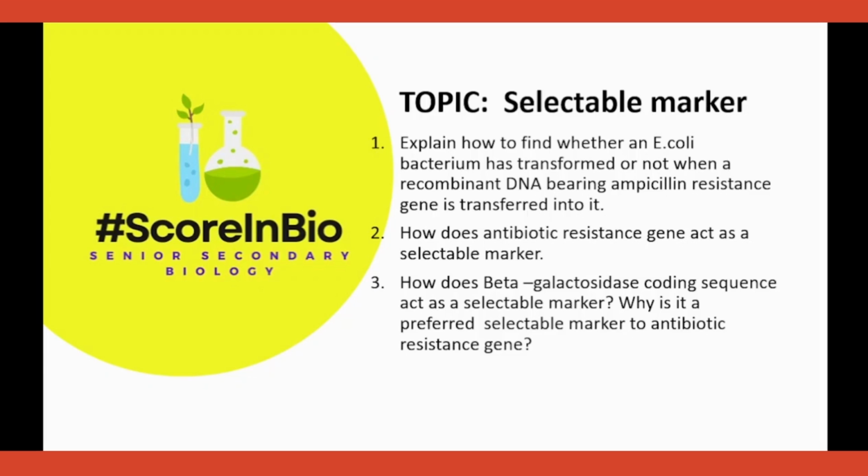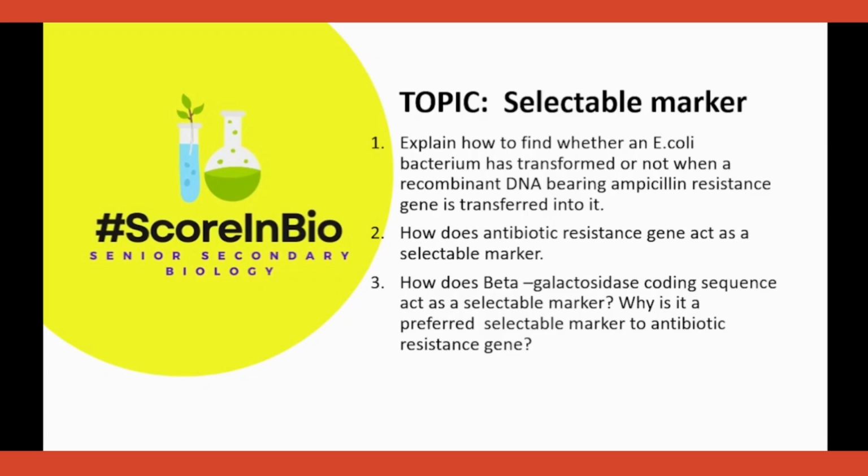Now, how can you check if that host has got the plasmid or not? Plate it on a nutrient medium containing ampicillin. If the bacteria has this gene, from where? From the plasmid. If the host cell got this gene, that means it can be resistant to that antibiotic.